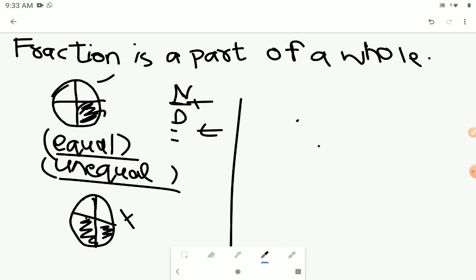So numerator and denominator means, like if I have this square chocolate, I have to distribute to my family. Your family has how many members? 5, 4, any. My family has 4 members. Okay, so I will drag this box like this. Okay, now I can't draw it perfectly, but see, that's equal.